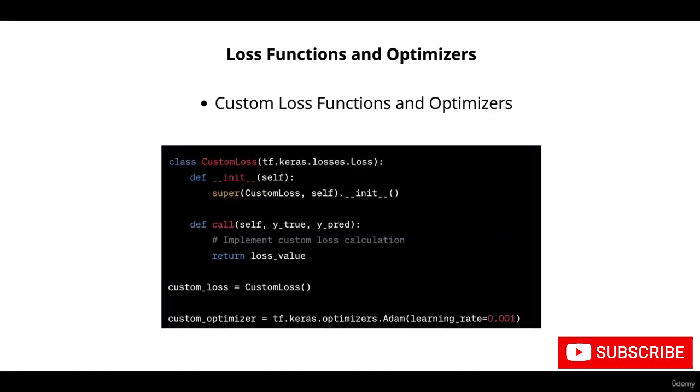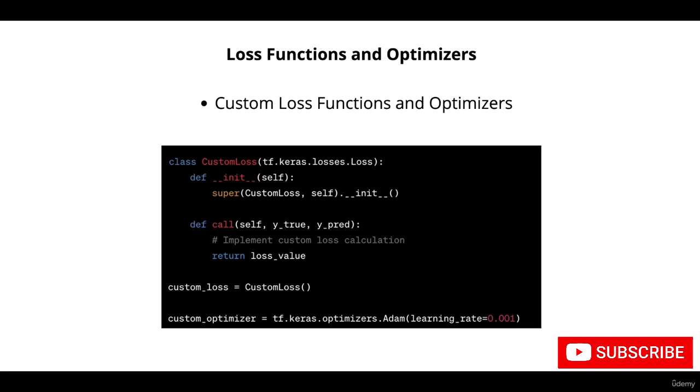Now, custom loss function and optimizers. You can also define custom loss functions and optimizers tailored to specific tasks or requirements by subclassing the appropriate TensorFlow classes and implementing the desired functionality. Here is an example of how you can create a class of custom loss by passing tf.keras.losses.Loss.